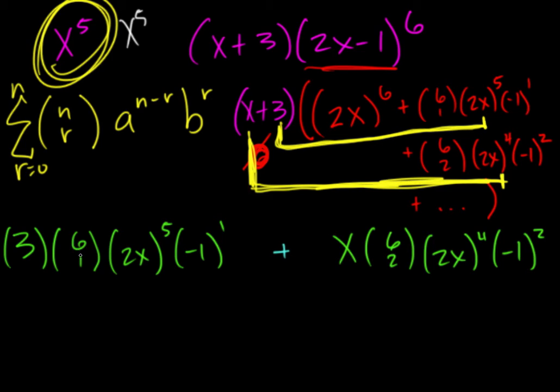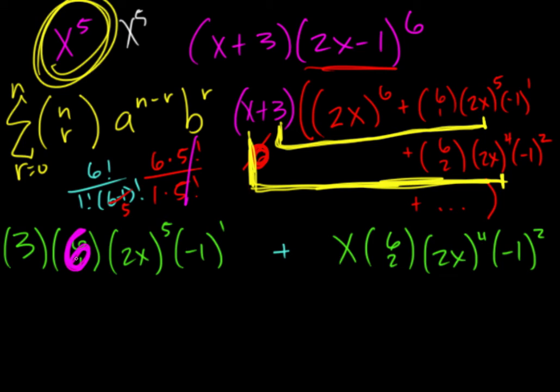Okay, so let's do the combination first, 6 choose 1. So 6 factorial over 1 factorial, 6 minus 1 factorial. 6 minus 1 is really a 5, and so if I write this as 6 times 5 factorial over 1 times 5 factorial, these cancel, and I'm left with 6 over 1, so this thing is really just a 6.